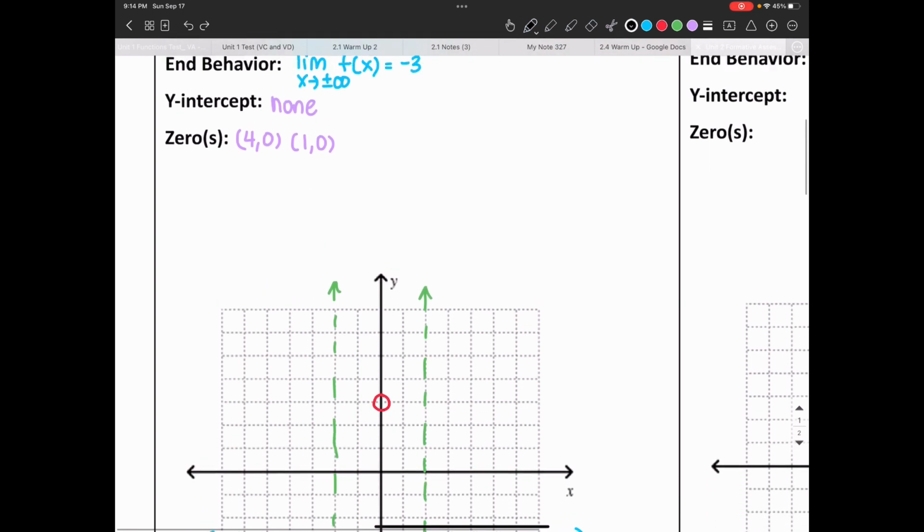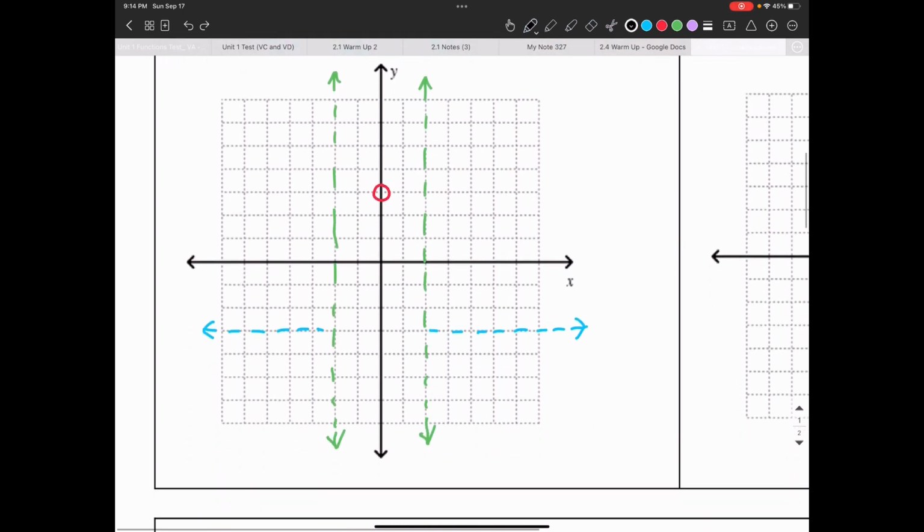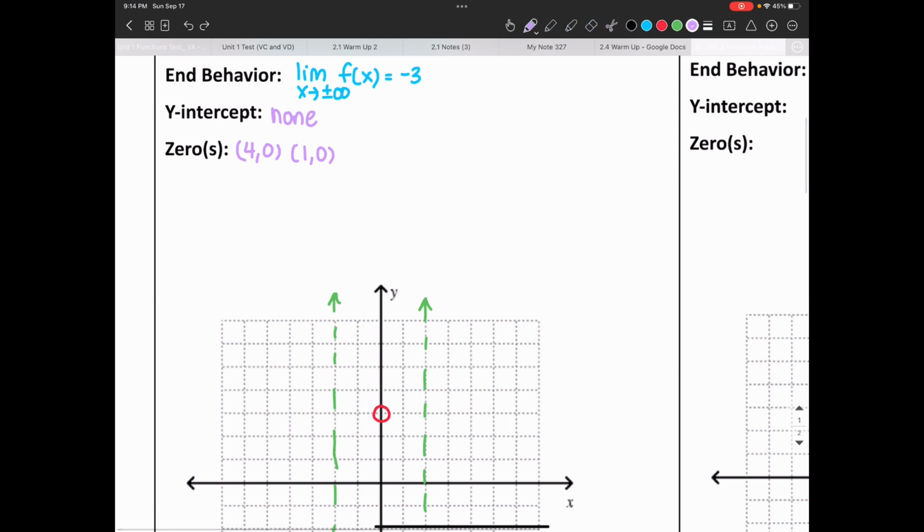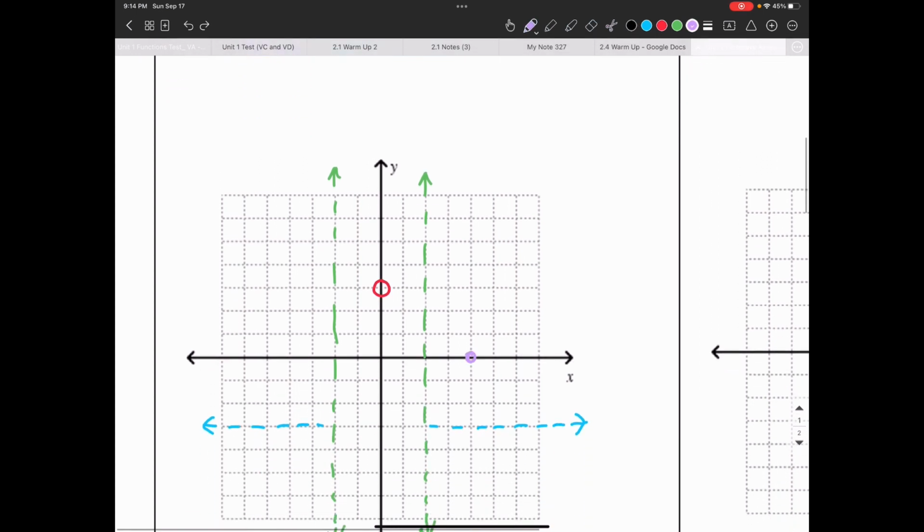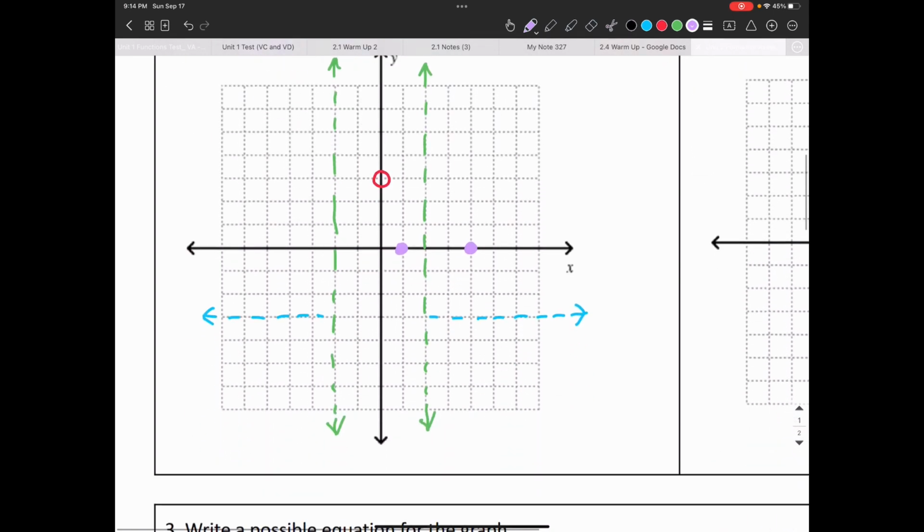The y-intercept is none, and then zeros are at (4, 0) and (1, 0), right? All right. The only thing that I can do to connect this one to this one is go like that.